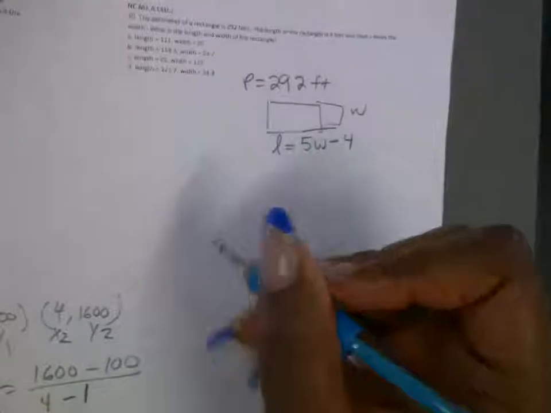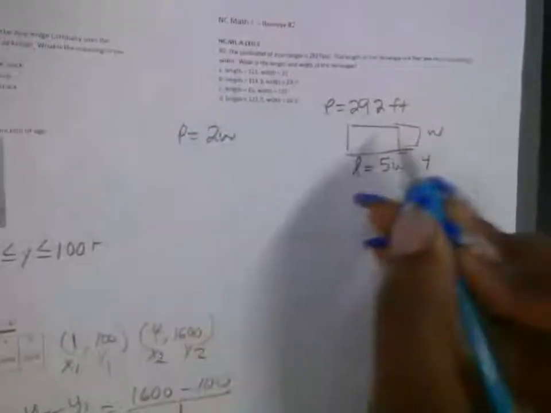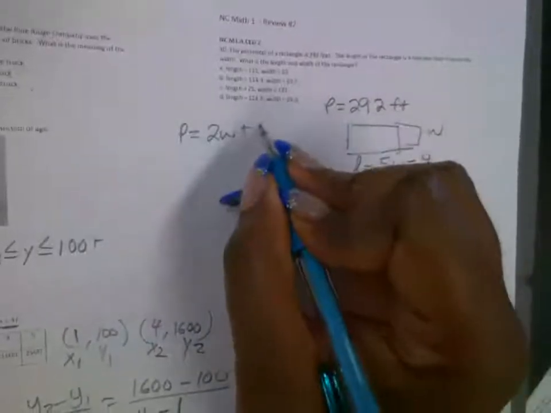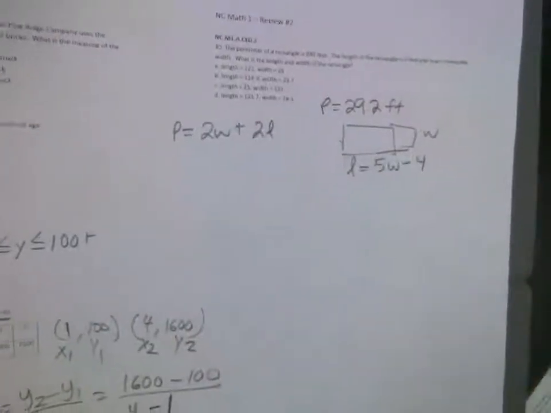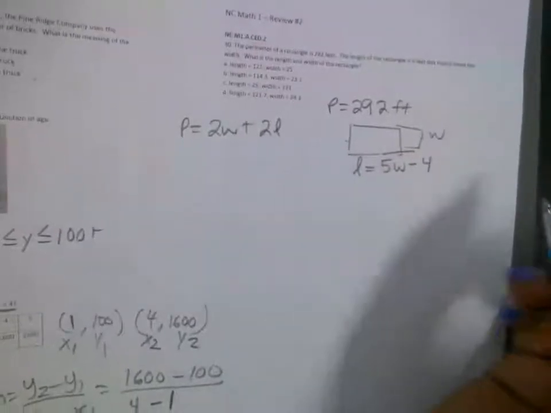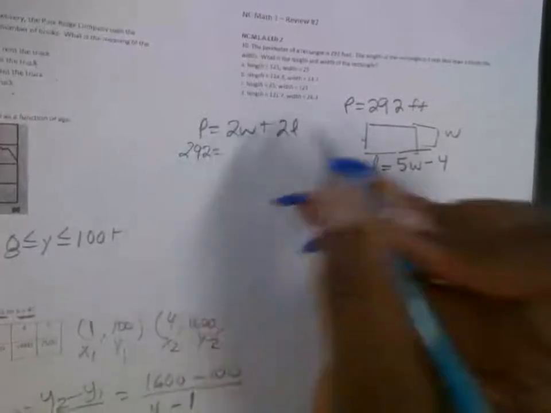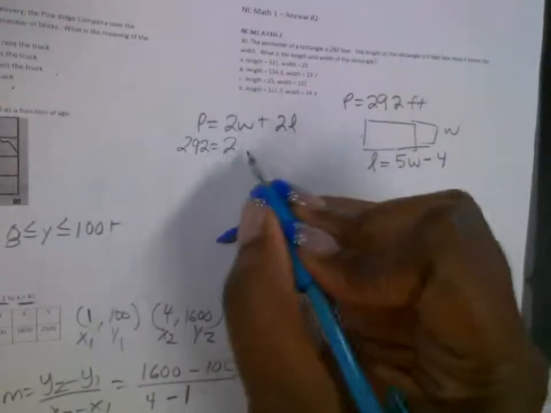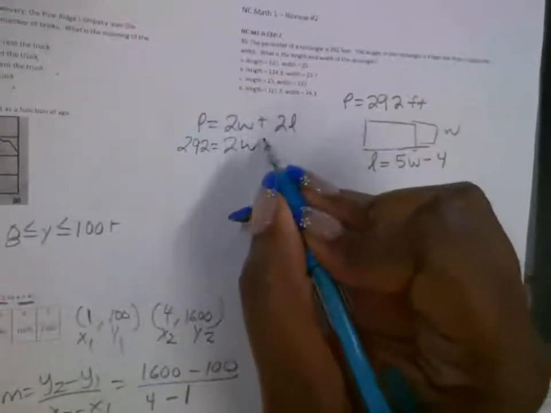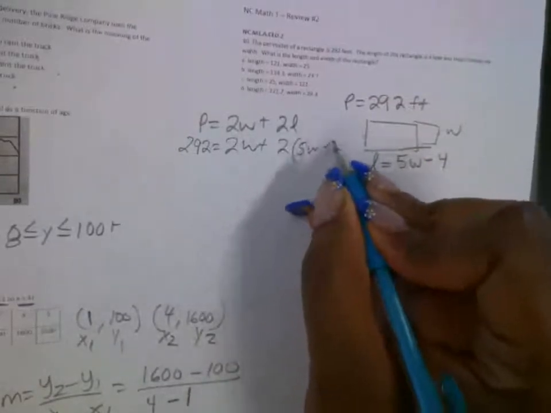So the formula for a perimeter is P is equal to 2W, add these two W's together, plus 2L. Okay? Add the lengths together. So let's substitute. P is 292, 2W, and plus 2, and my L is 5W minus 4.